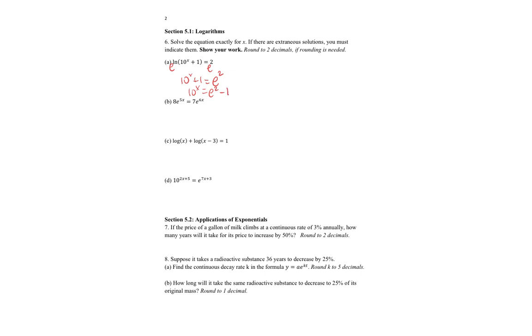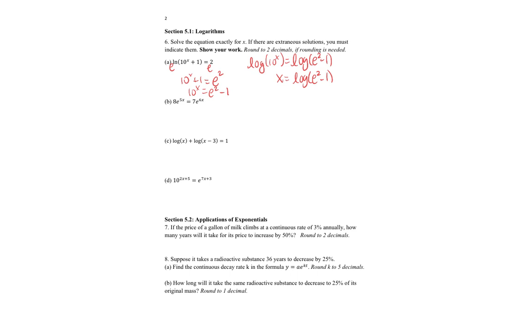And now I can take the logarithm of both sides. Log of 10 to the x is equal to log of e squared minus 1. So x is equal to log of e squared minus 1. So that is the exact value.